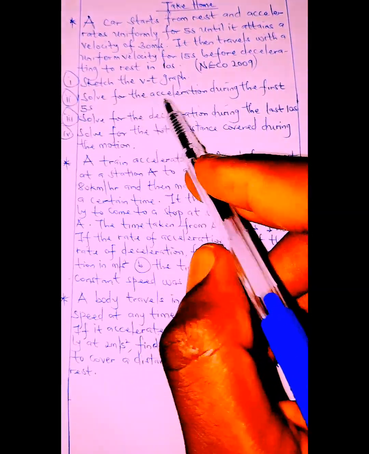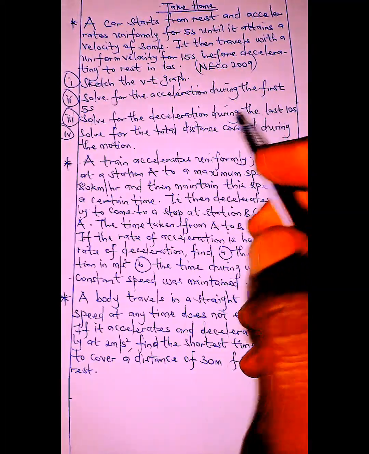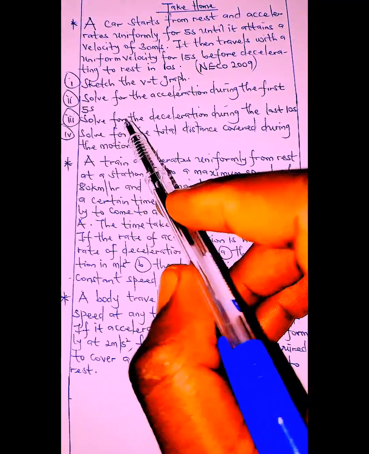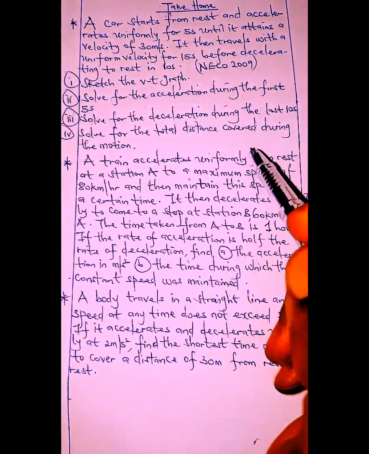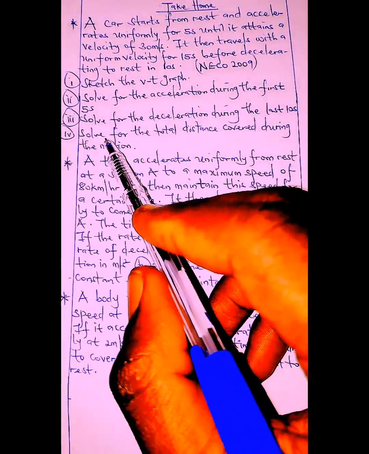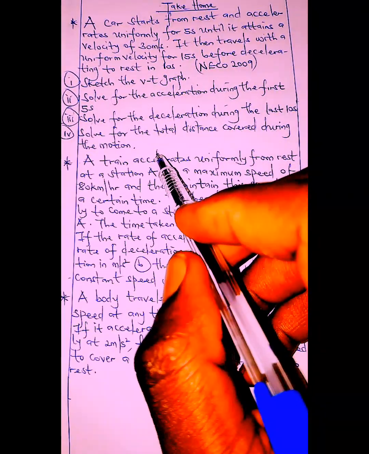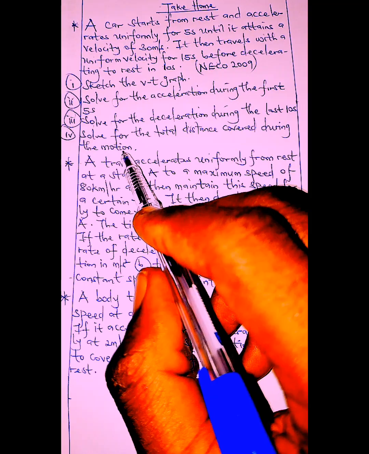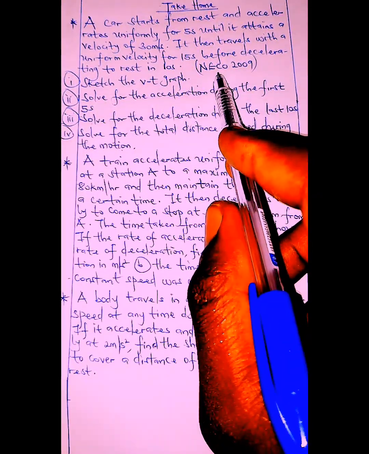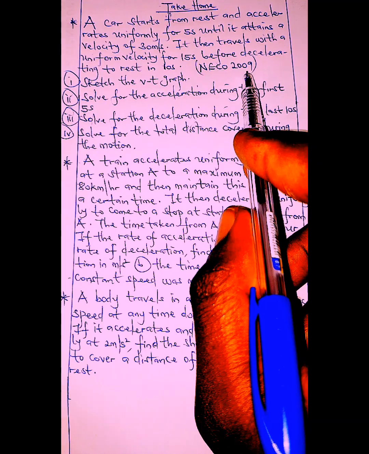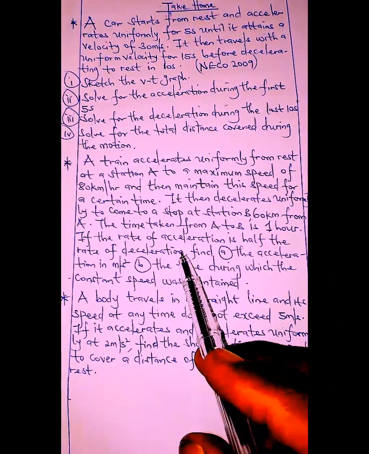Question 2: solve for the acceleration during the first 5 seconds. Question 3: solve for the deceleration during the last 10 seconds. Question 4: solve for the total distance covered during the entire motion. This question was given to some NECO students in 2009. NECO is one of the major exams written in Nigeria.